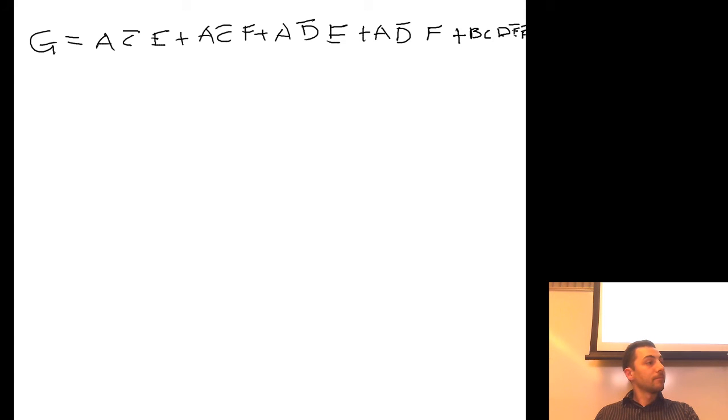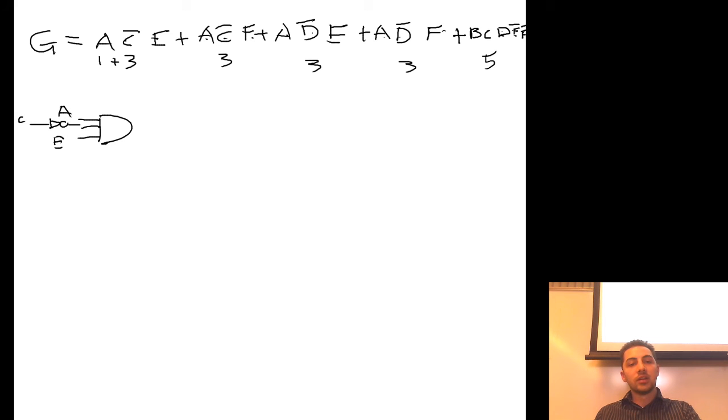Well, we can count it out. So that's 1, 2, 3. 1, 2, 3. 1, 2, 3. 1, 2, 3, 4, 5. That's not the whole story, because in this first term here, we have A, E, then we've got an inverter here for C. So actually, we have to add on an additional for every inverter we see.